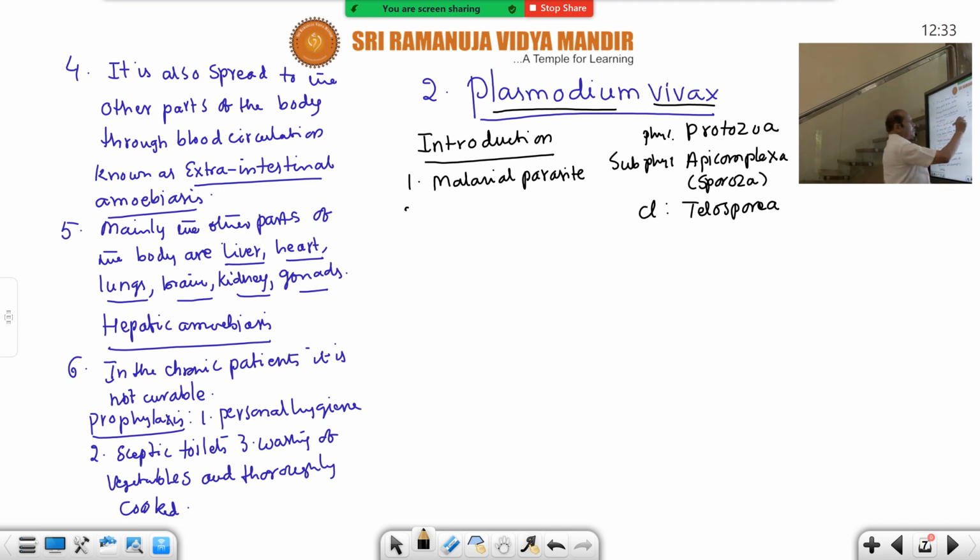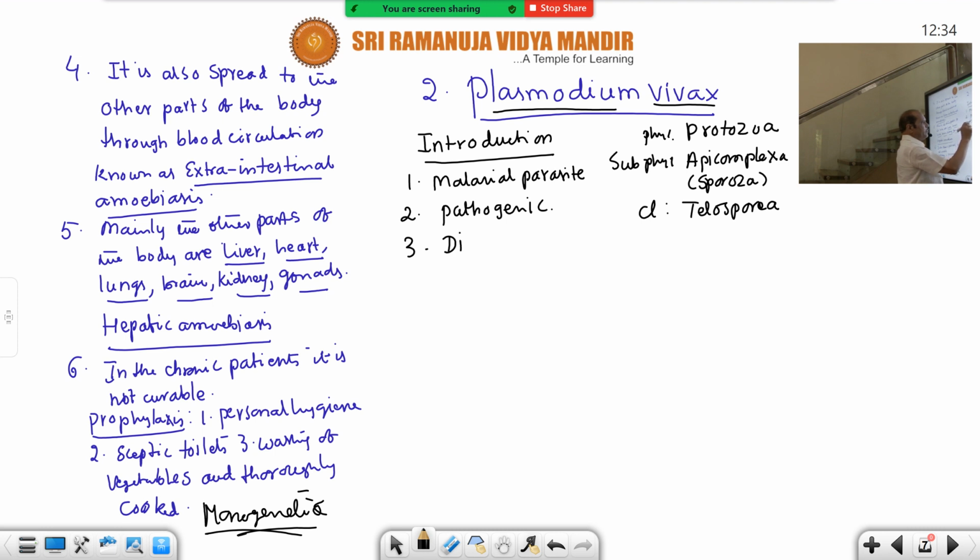So it is a malarial parasite and pathogenic, more harmful, because Entamoeba histolytica is a monogenetic protozoan parasite, but this is a digenetic protozoan parasite. Digenetic means it completes its life cycle in 2 hosts.